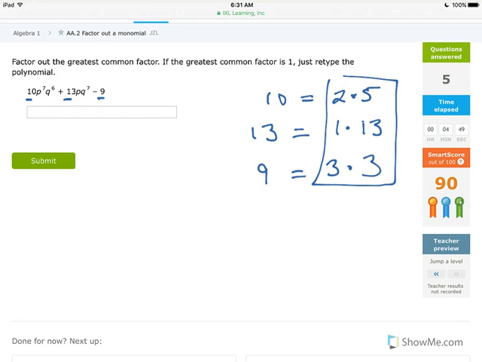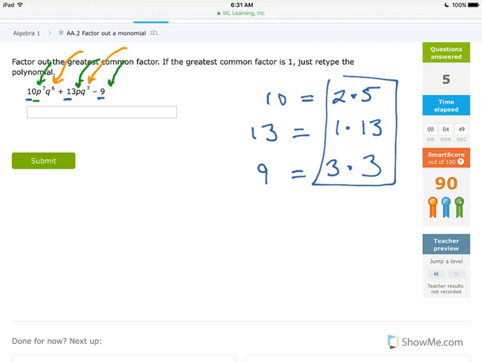And then if we look at the variable parts, the p's, you have a p to the 7th, and you have a p. So these two terms have one p in common. But notice this term doesn't have any p's, so there is no common p. And then if you look at the q's, you have a q to the 6th and a q to the 7th.